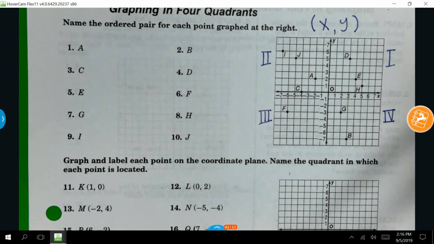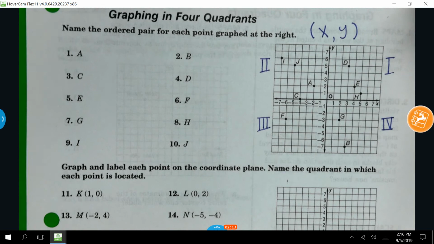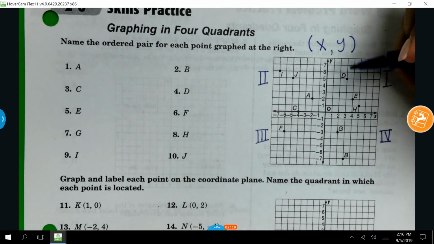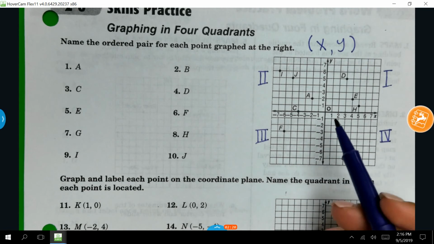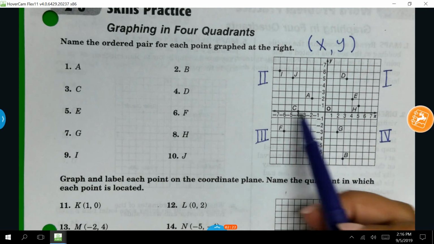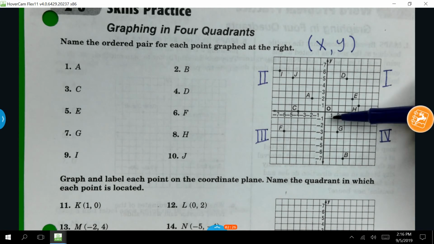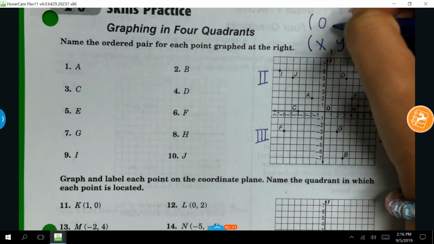So it's x comma y. So order matters. That first number in your ordered pair is telling you whether you're going left or right, and the second number is telling you if you're going up or down, based on whether it's negative or positive.